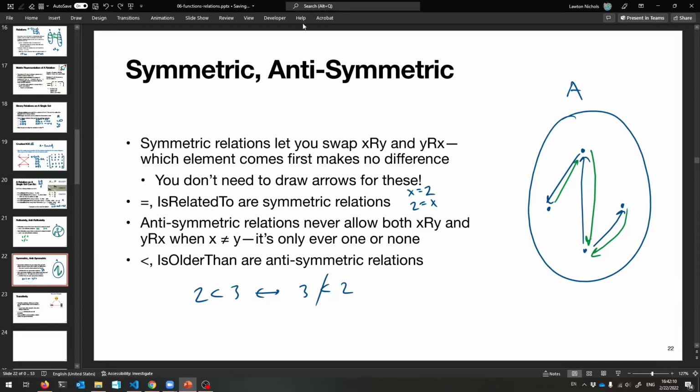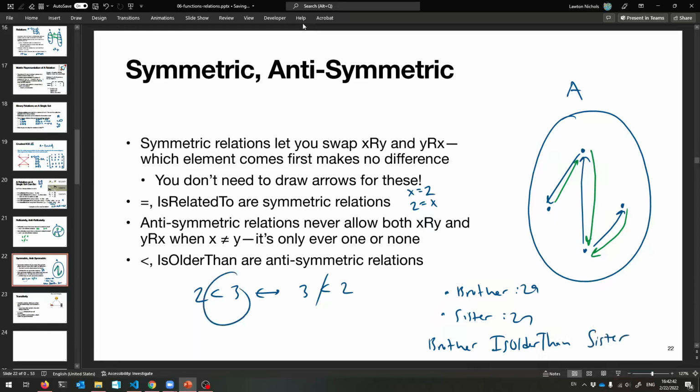You can't have both. Is older than is also an anti-symmetric relation. So, for example, I'm a brother, I'm older than my sister, like I'm 29, my sister's 27, and so this is true, like brother is under the relation is older than, so this is a true statement, but you can't swap them, okay?